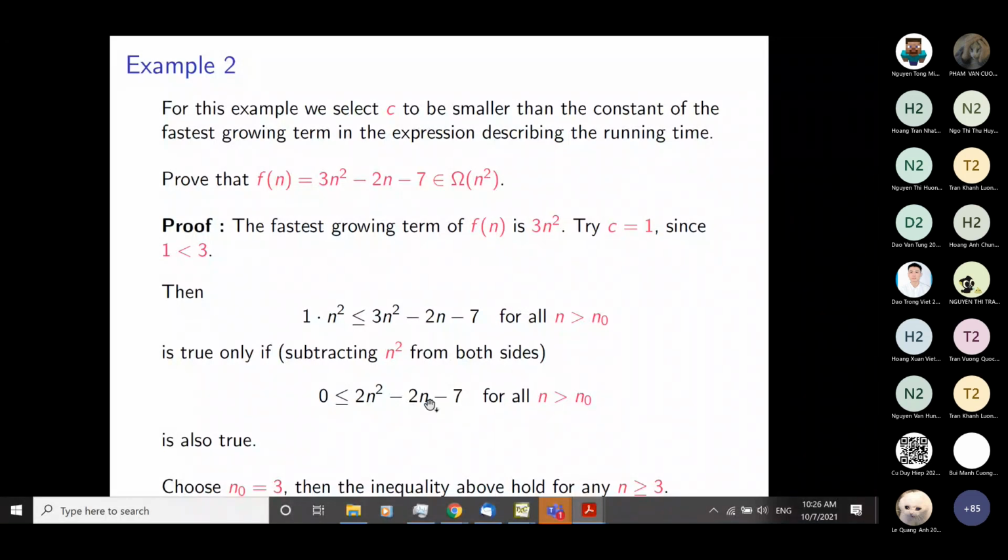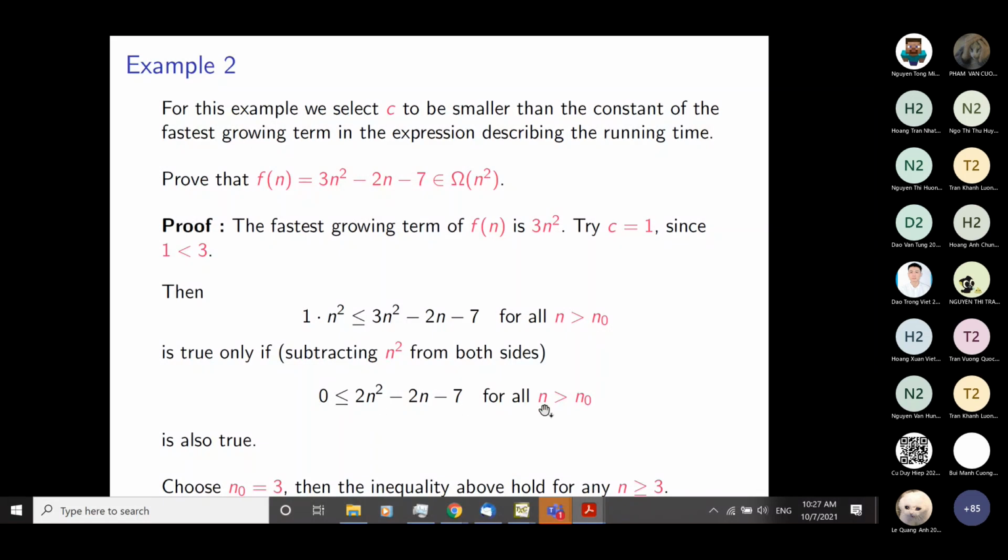So for n equal to 3, this is minus 6, minus 13, and for n equal to 3, this is 9, and it is 18. So for any value of n greater than 3, this expression is going to be greater than 0.